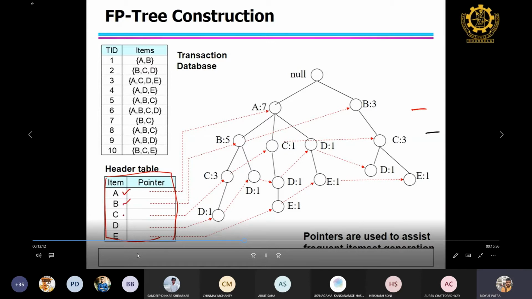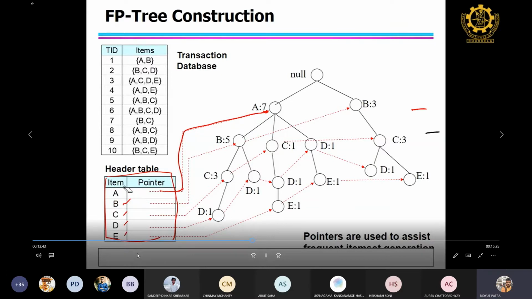Here A, B, C, D, E. B will come first because the cardinality of B is highest, then A, then C, then D and E. Now there will be a pointer. Wherever A is there, it will connect to that pointer. Let's say here, it was A actually, so this will connect A. And this A will connect to somewhere else if A is there.